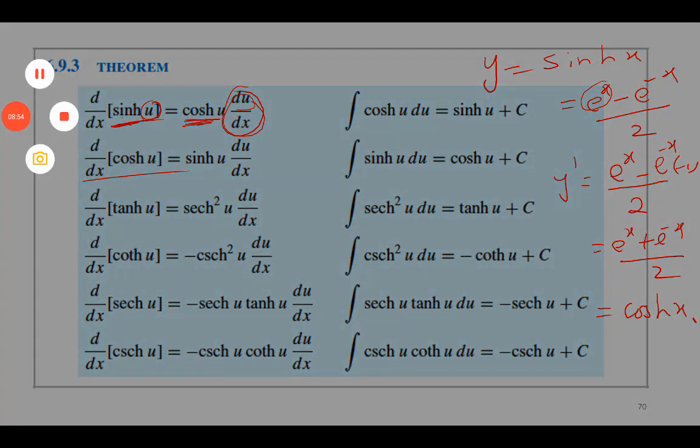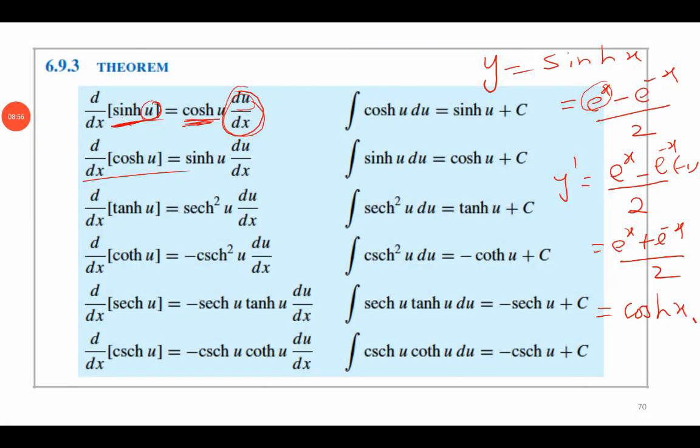And obviously you will get the integration formulas too: when you differentiate sine hyperbolic, you get cosine hyperbolic, so when you integrate cosine hyperbolic, you get sine hyperbolic. In this way, you can connect all these formulas for all the 6 cases. When you differentiate tan hyperbolic, it will be secant hyperbolic square.